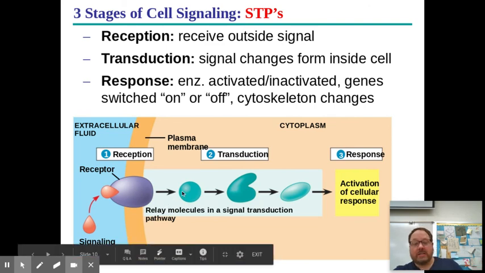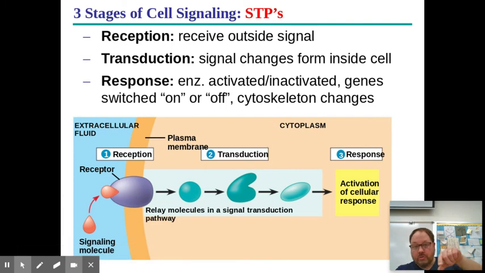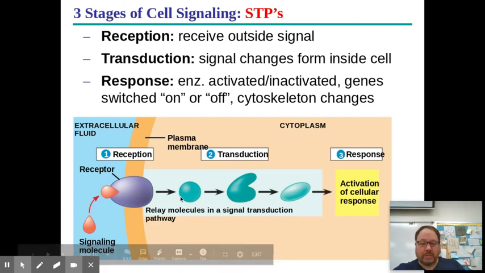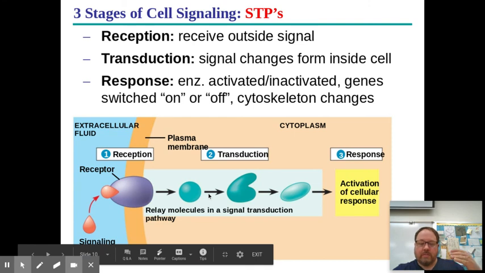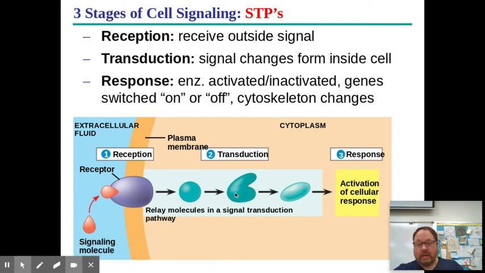Now, once inside the cell, there are other molecules in place that transduce or convert this signal into another form. So transduction is the second major progression in this communication pathway. So you have molecules inside the cell that will interact with one another, cause shape changes, and then carry on that signal until you reach some sort of response.